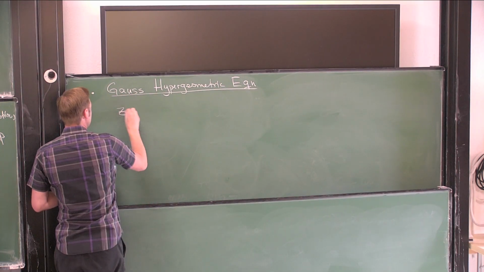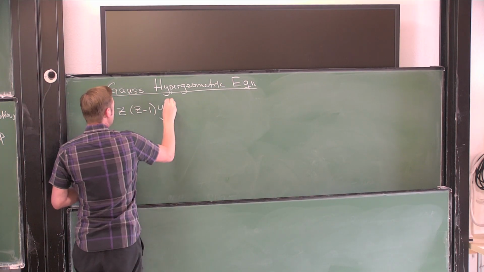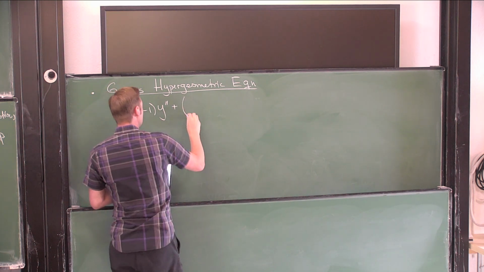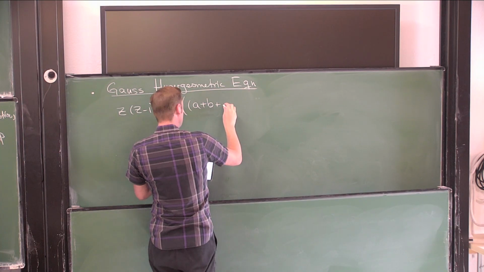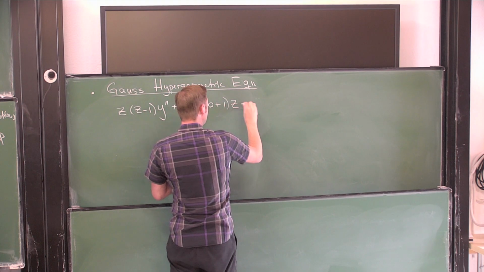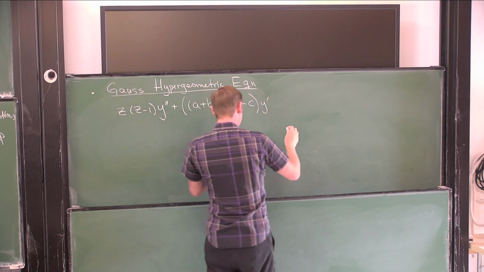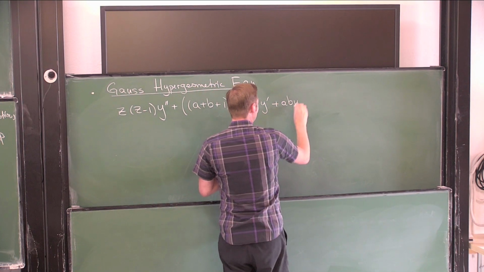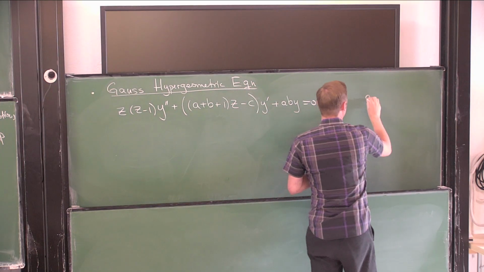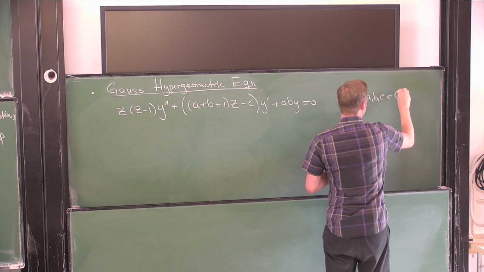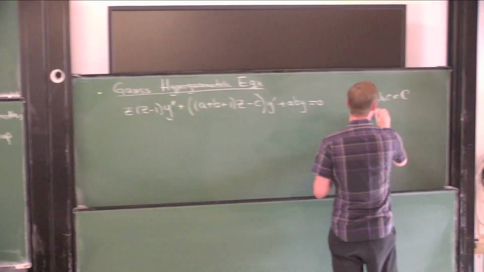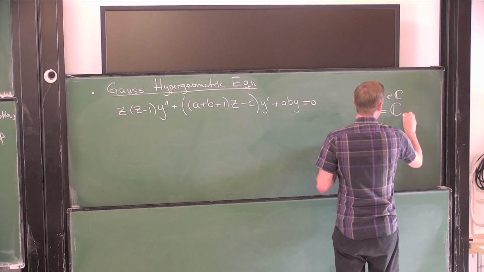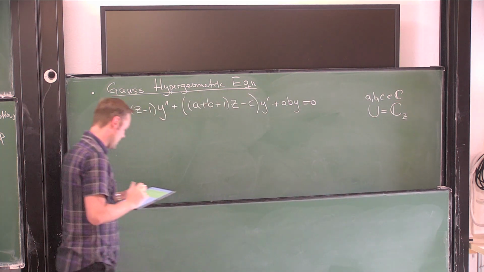So if you've never seen it, it's a second order equation, which is normally written like this. It's a family of equations, in fact, because it has parameters. And one way to write it is like this: a, b, y is equal to 0. So a, b, and c are complex numbers. So there's an entire C to the 3 family worth of these equations. And it's defined on the whole complex plane.